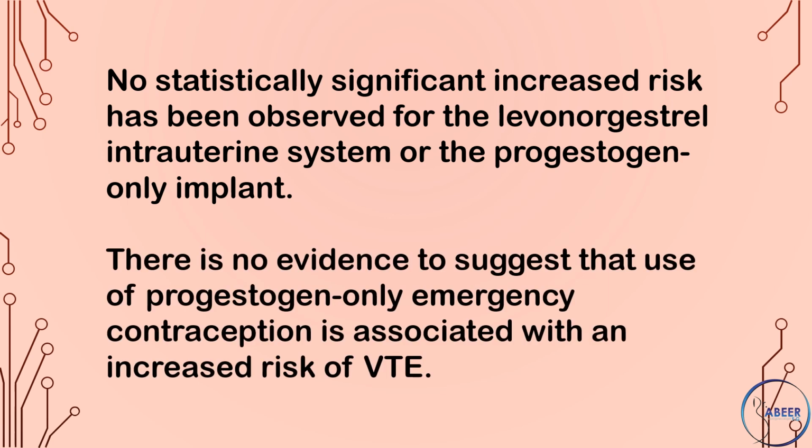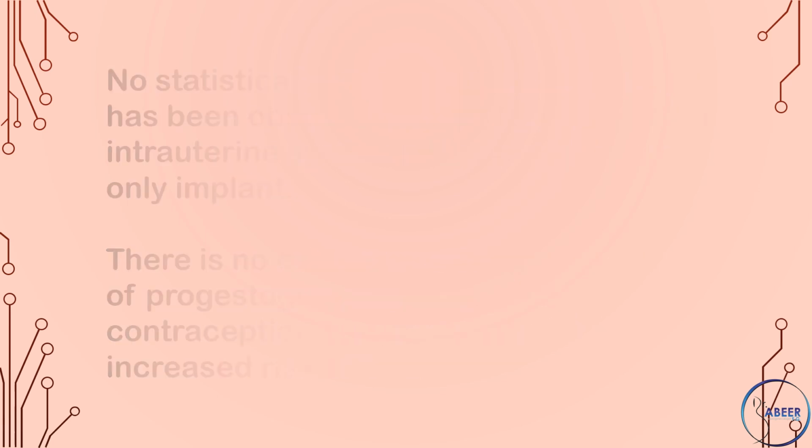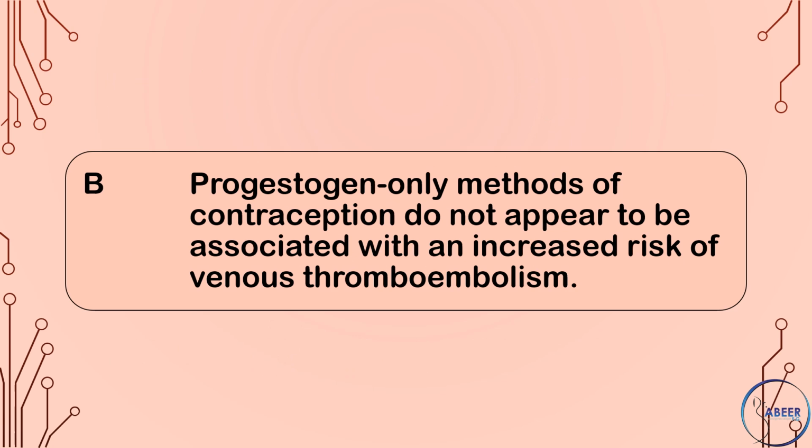There is no evidence to suggest that use of progestogen-only emergency contraception is associated with an increased risk of VTE. Progestogen-only methods of contraception do not appear to be associated with an increased risk of venous thromboembolism.